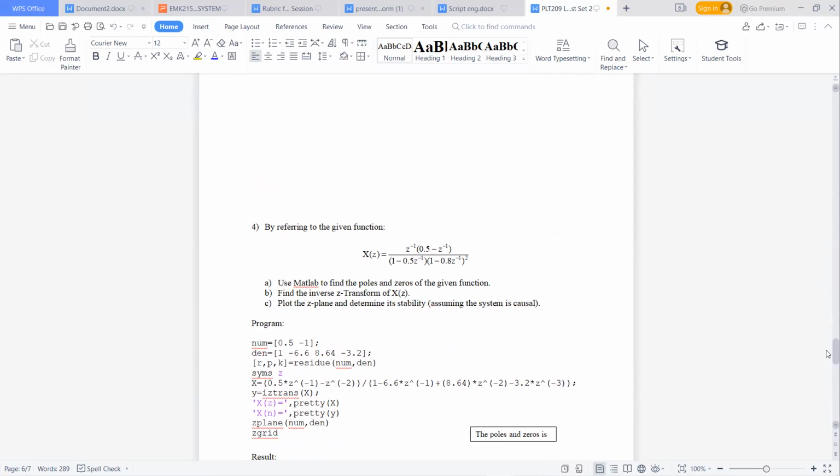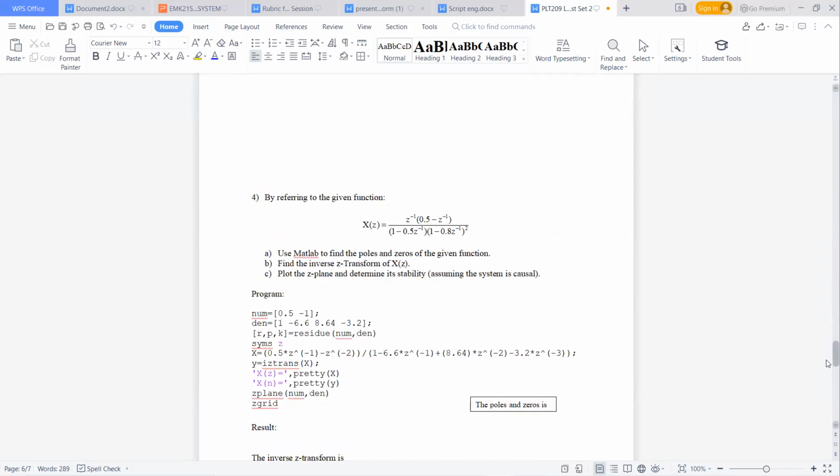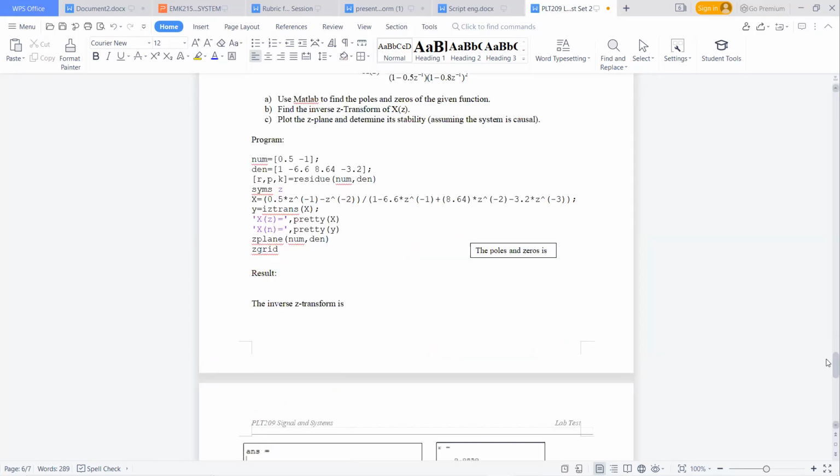And the third is to plot the Z plane and determine its stability, whether it is stable or unstable. So this is the command, the same thing for numerator and denominator, the residue, only that we are using the Z transform, not the inverse Laplace transform. So we are going to use y equal to iztrans of x of the equation that it gives.